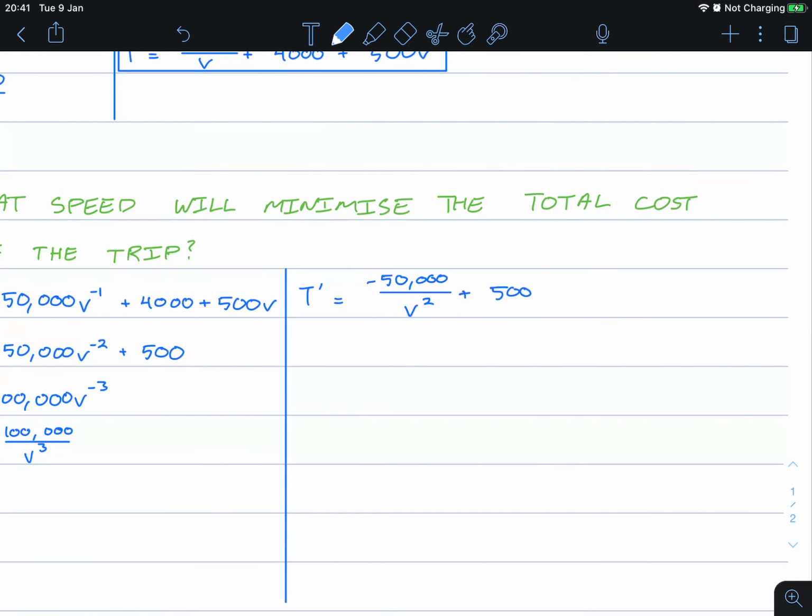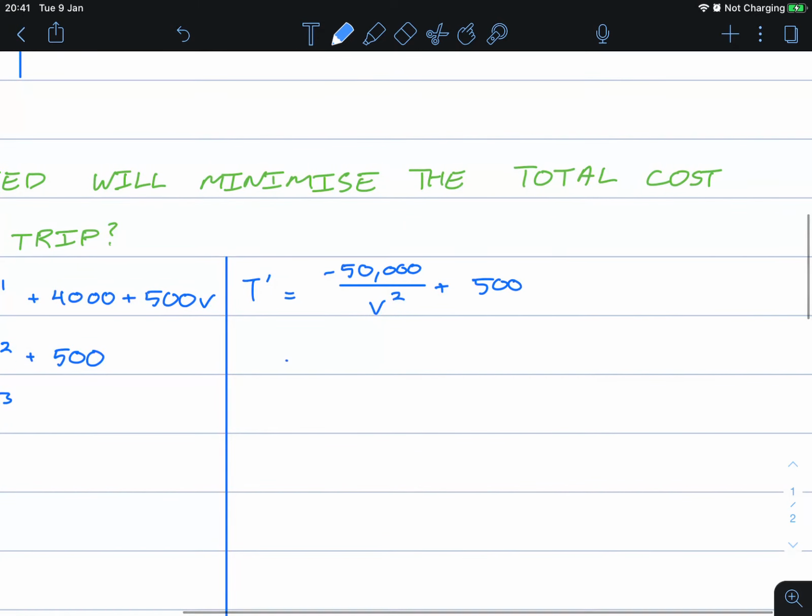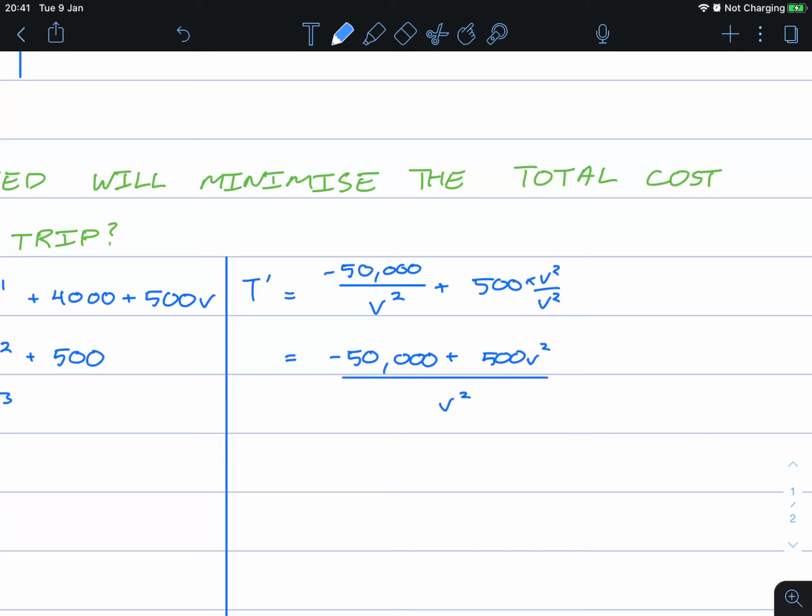Let's combine these terms by multiplying this by V squared on V squared. This will give us negative 50,000 plus 500V squared all over V squared.